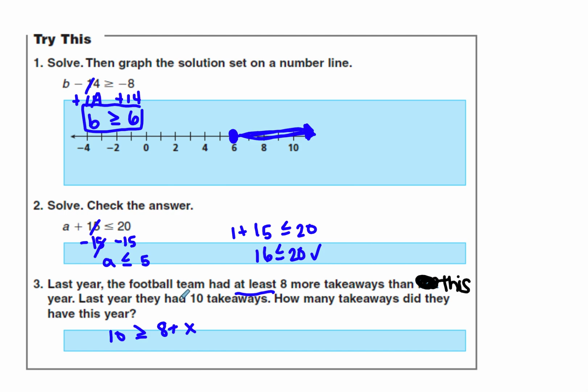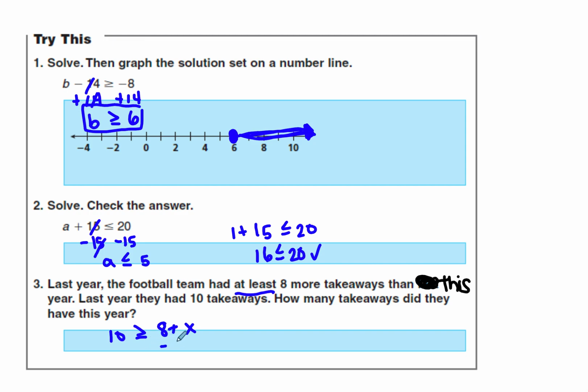Now we need to figure out how much for this year. So last year was 10, and that was at least 8 more than this year.